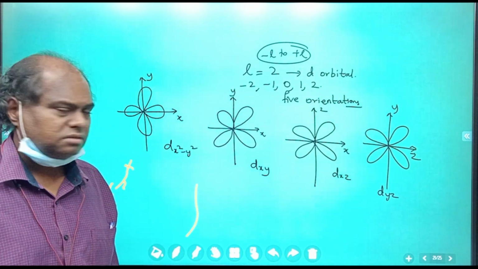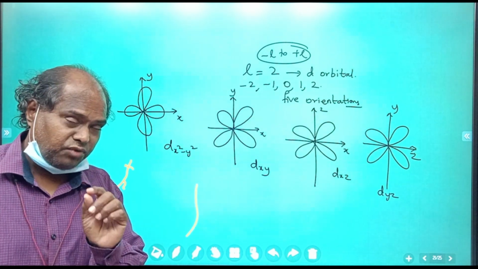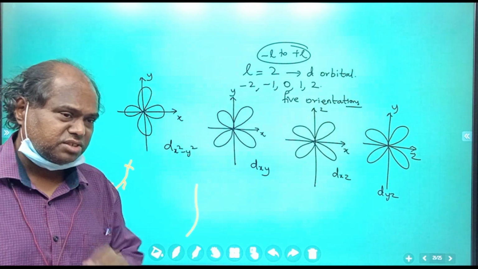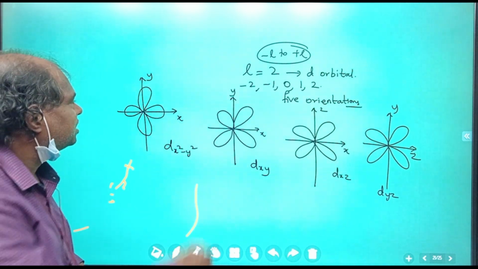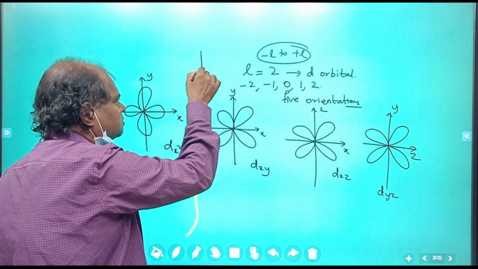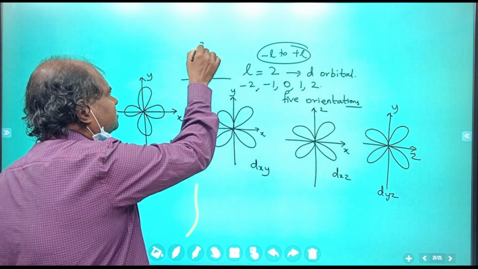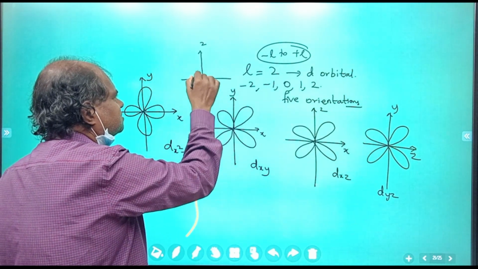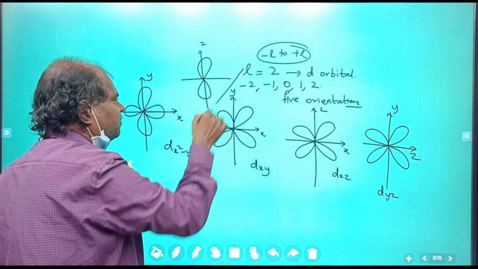You can give any number, no problem. Now the fifth orbital is a very, very interesting orbital. We'll draw the fifth orbital now. Okay, see, I'll draw the fifth orbital here now. Suppose I take this as the z-axis, right? I'm drawing the fifth orbital now.